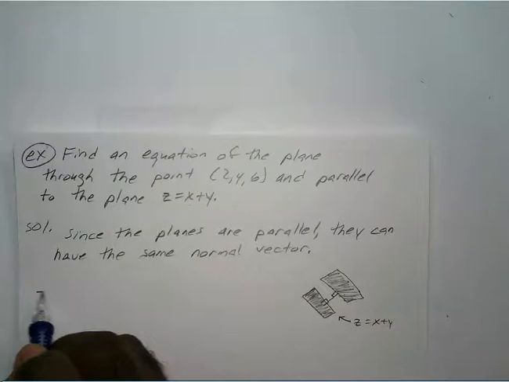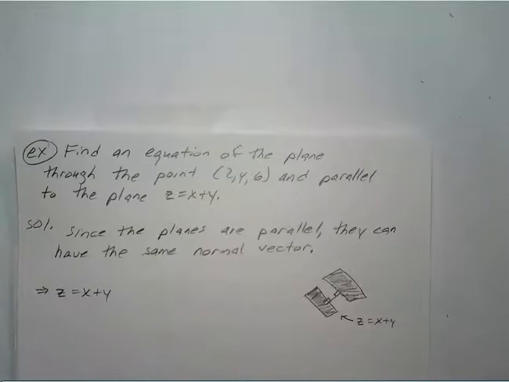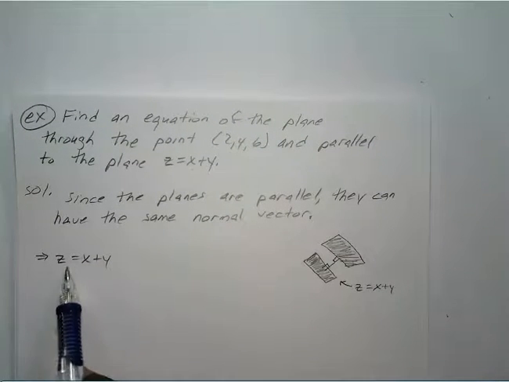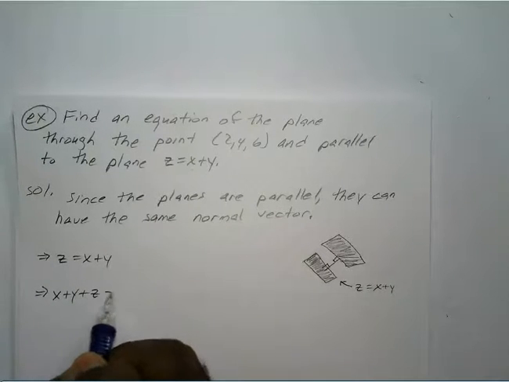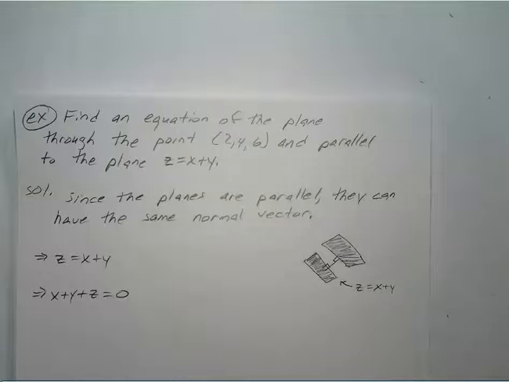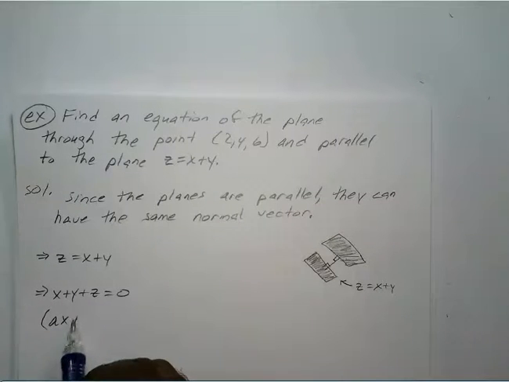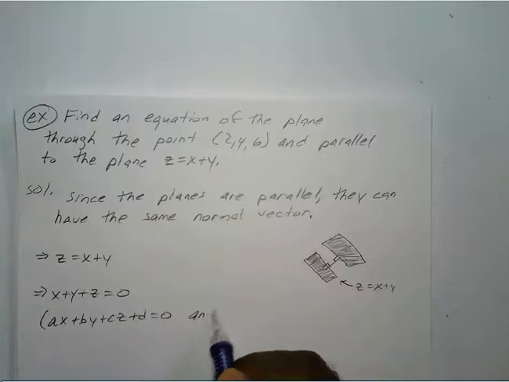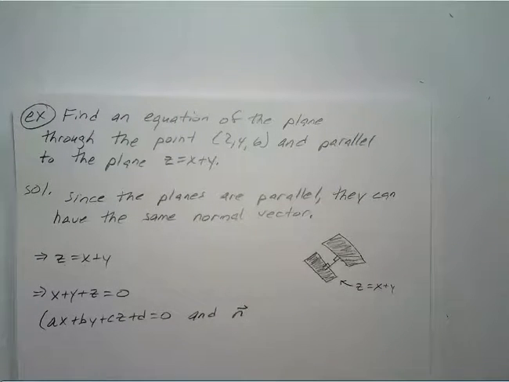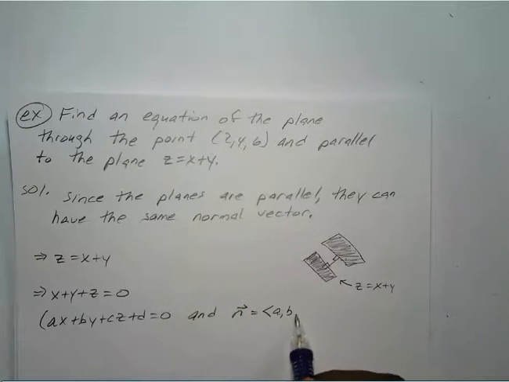Okay, so we know we have z equals x plus y. Okay, so if we subtract z on both sides, we end up with x plus y minus z equals 0. Okay, so if you remember, we have ax plus by plus cz plus d equals 0, and our normal vector has the components a, b, and c.